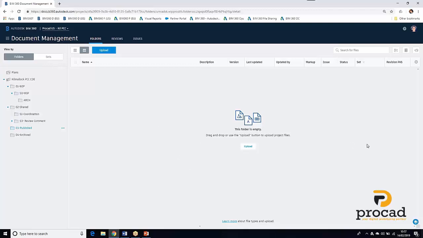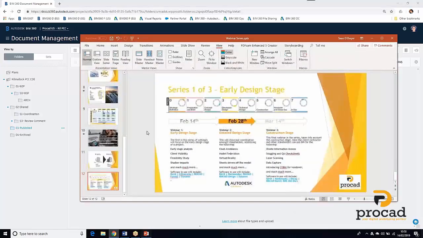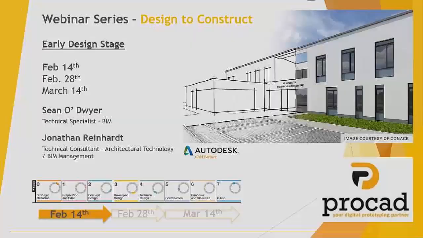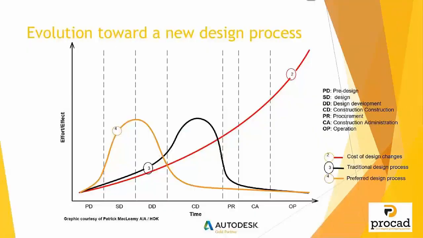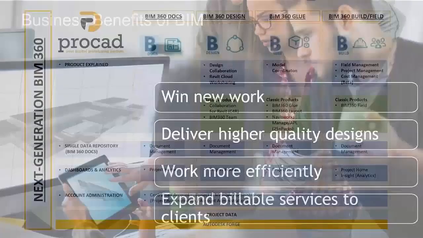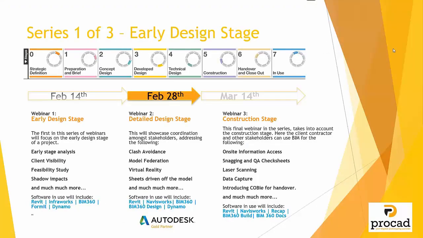So what we're saying is, on the next stage of our, let's go play slides. I'll just go through here. On the next webinar, we'll be going through the more developed design, where we'll start incorporating the likes of the structural model and an M&E model into this, and we'll start running clash detection in Navisworks.